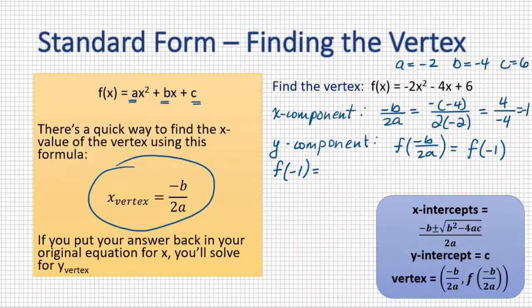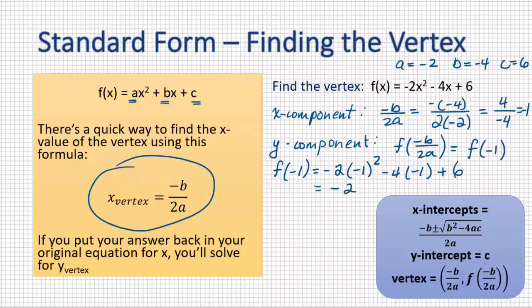So we want to evaluate f at negative 1. We simply take negative 1 and substitute it in for each instance of x in the original equation. So we take negative 2, multiply that by negative 1 squared, subtract 4 multiplied by negative 1, and add 6. Do be careful again here to make sure that you leave that negative 1 in brackets.